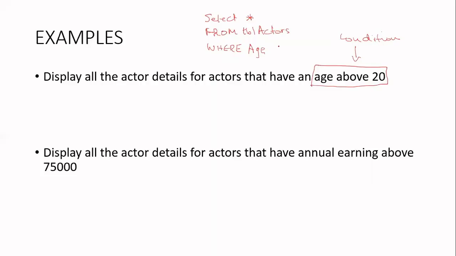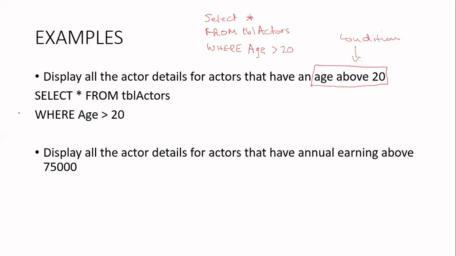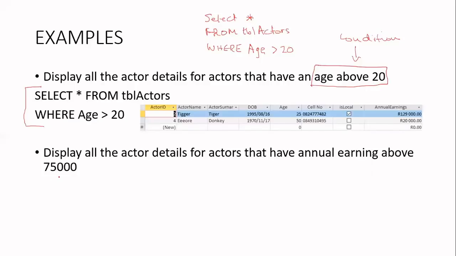So it's going to be where age above 20 means greater than 20. So that is the type of SQL statement that you would write. And if you run the particular SQL statement, this is what it would return. If you recall, we had 4 records in total, but because of the restriction, it's now giving us ages that are above 20, and there are only 2 records that have an age above 20.